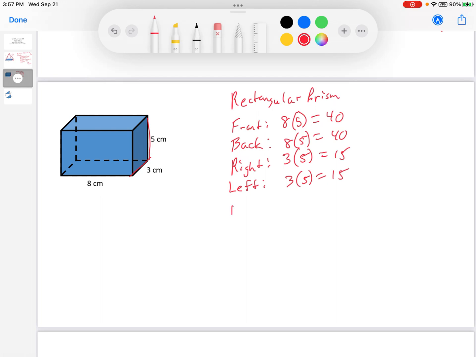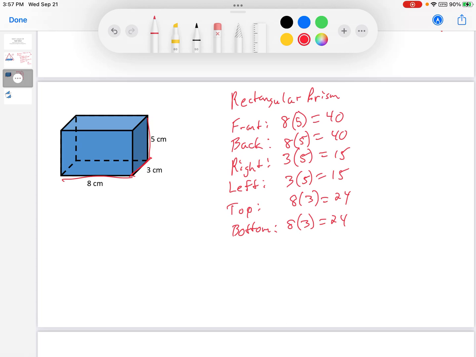And then we have the top and the bottom, and they are the same as each other. And so that is 8 by 3 and 8 by 3. In both cases, 24. And that's all 6 faces, front, back, left, right, top, bottom.